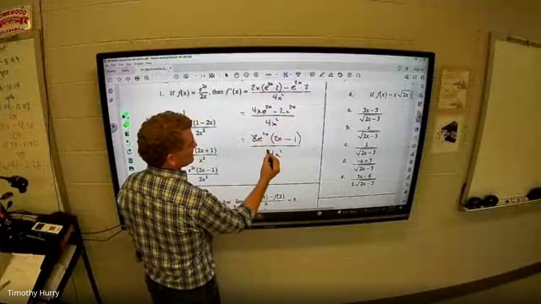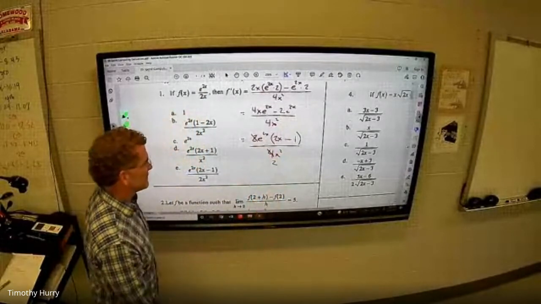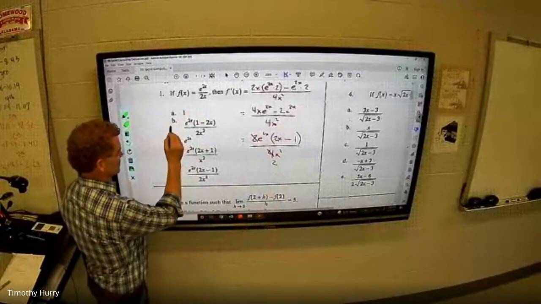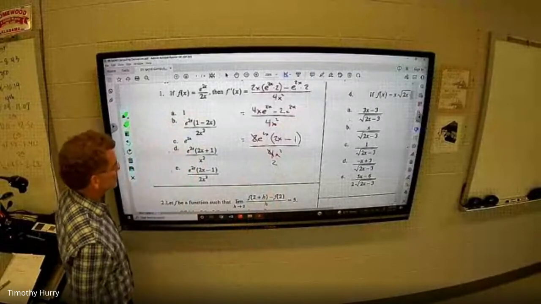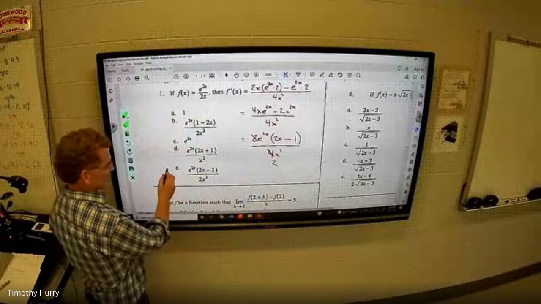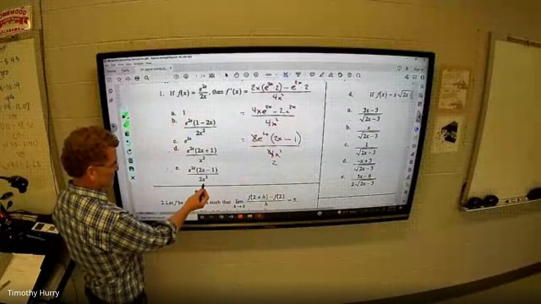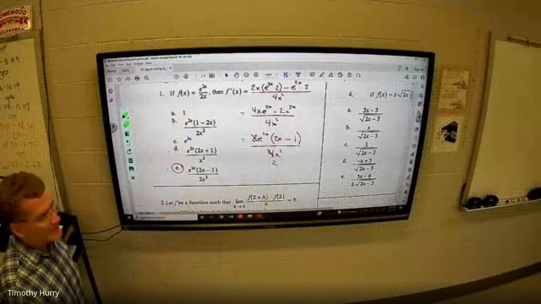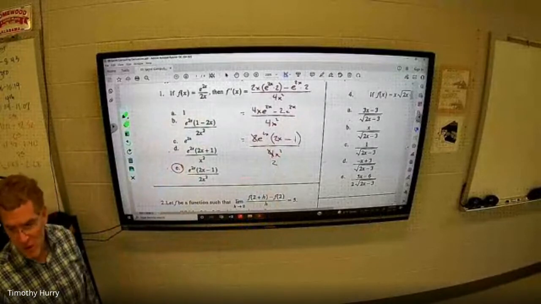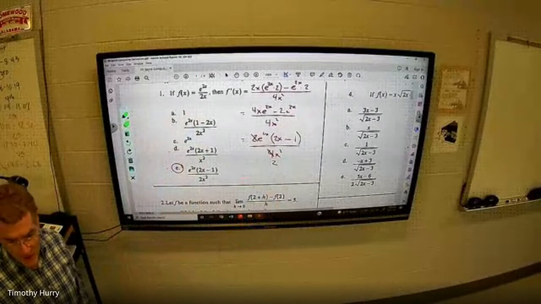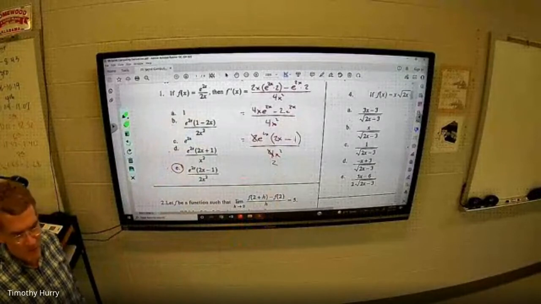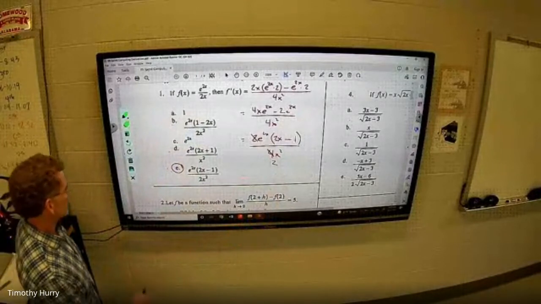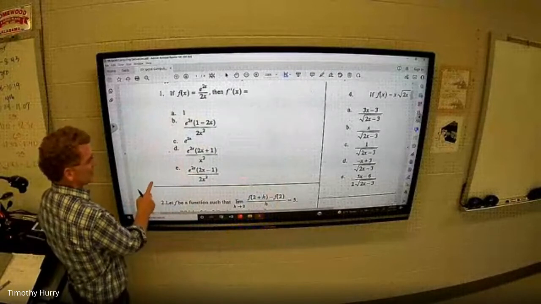And then canceling that 2 gives me e to the 2x. That could be true on b, d, and e. 2x minus 1 looks like e, and then over the 2x squared. So it looks like we're dealing with e here. That to me would probably have been one of the very first questions on your AP test. Pretty basic, pretty simple, not overly challenging. But that's an example of something you might see.